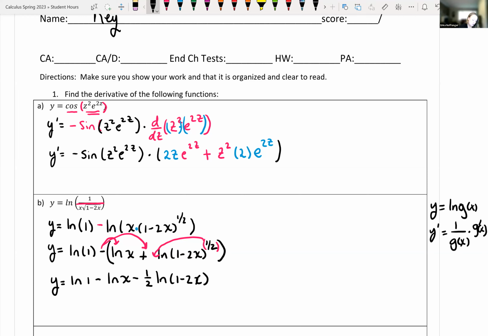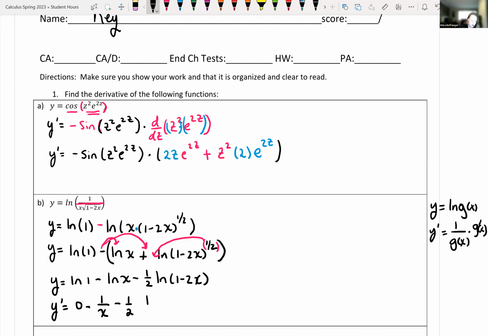So using that rule while we go through to take the derivative, y prime equals, well, the derivative of natural log of 1, that's just a constant. That's just a number. So the derivative of a constant, recall, was 0, minus the derivative of natural log of x, which is 1 over x, minus 1/2 times the derivative of the natural log of 1 minus 2x.